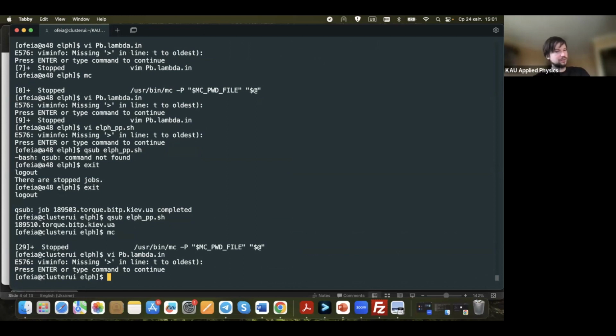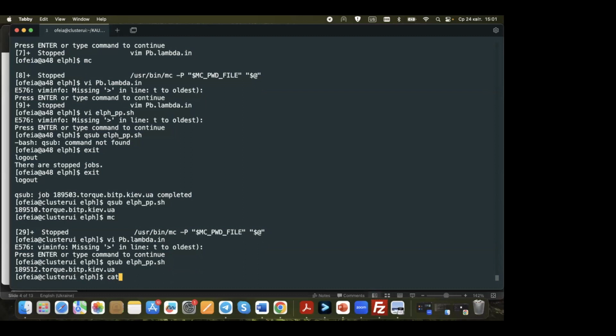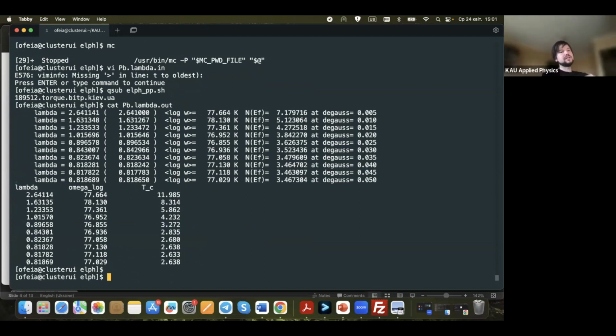It's an empirical parameter, so we can get it, I don't know, even from the experiment, if it's possible. And then TC obviously became lower. We increased the Coulomb screening, and TC goes down.